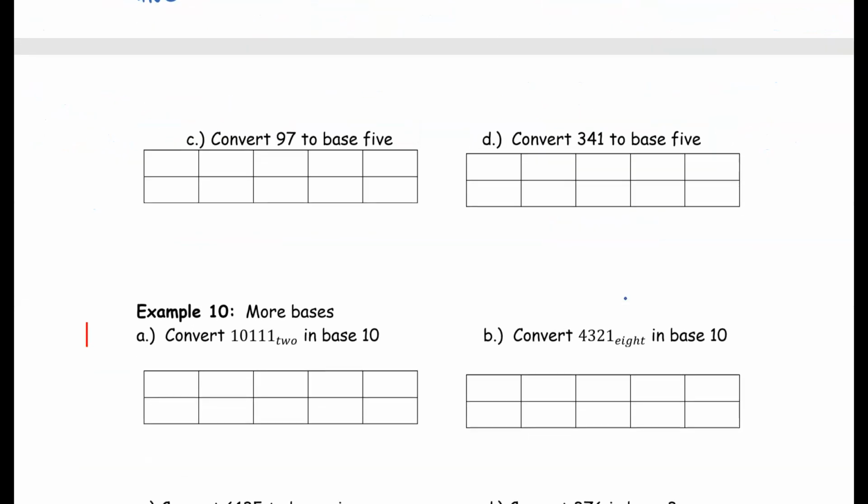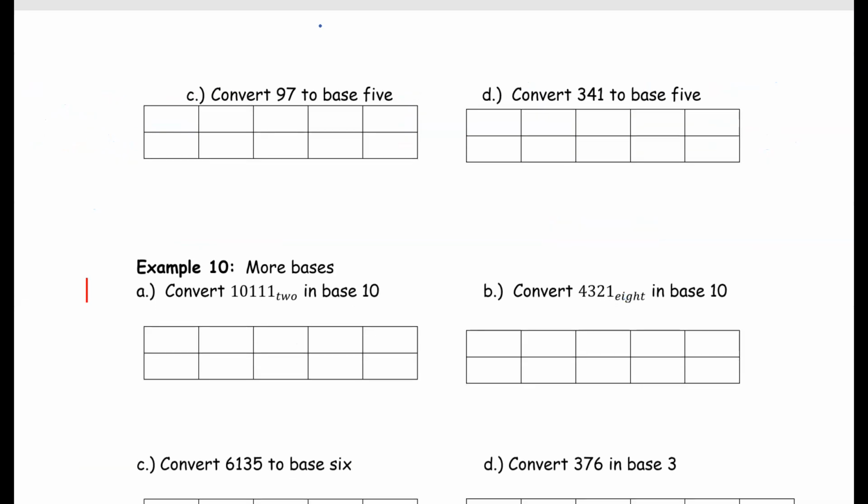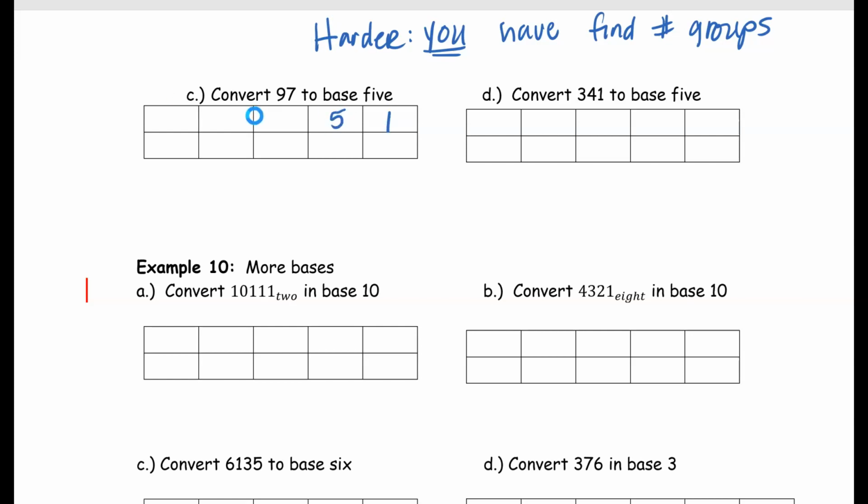Okay. So these questions, these are a little bit harder. I'm going to call these harder questions because you have to find the number of groups. Okay, so this next one, convert 97, that's a base 10 number, to base 5. So I'm going to write out my place values like before. So I'm going to start with 1, 5, 25, 125, 625, and you might have to keep going.